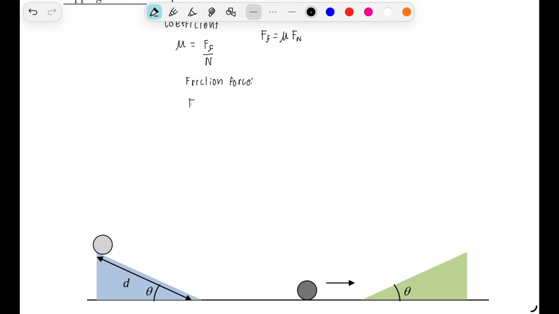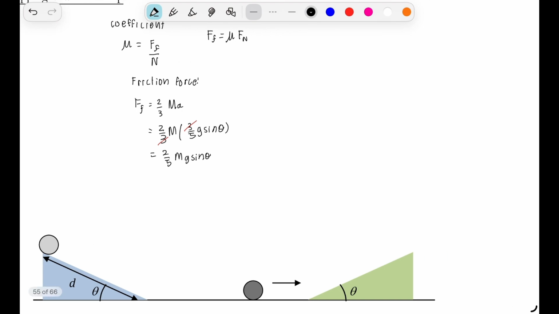Earlier we had that F_f is equal to 2 over 3 m times a. Now if you plug in your acceleration, you have 2 over 3 m times 3 over 5 g sine of theta. Canceling out that 3, now you have 2 over 5 mg sine theta.